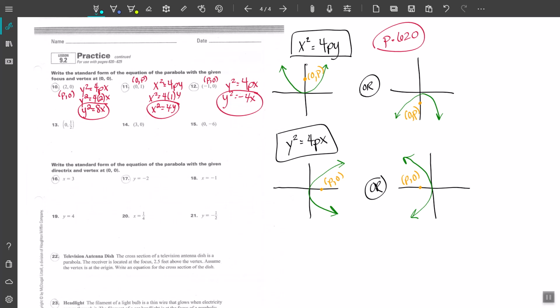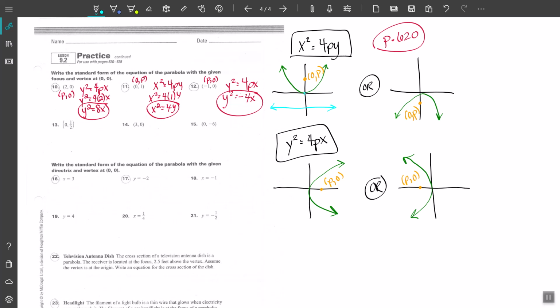So right here I've got my axis of symmetry as the y-axis. My directrix is going to be the opposite direction of the focus, but the same number of units. So my directrix is going to be about down here, and it's going to be the same distance from the vertex. Remember, the vertex is the point that we're referring to.